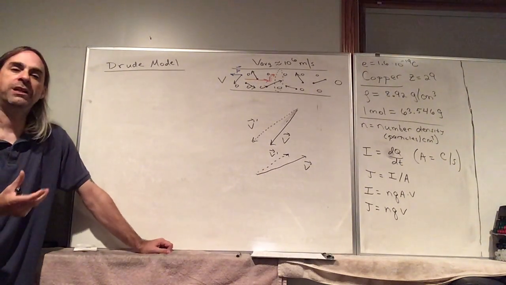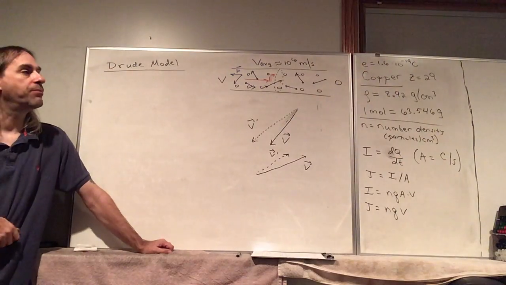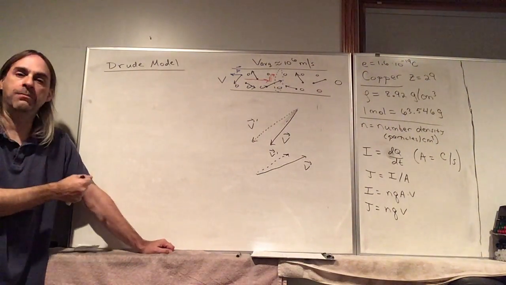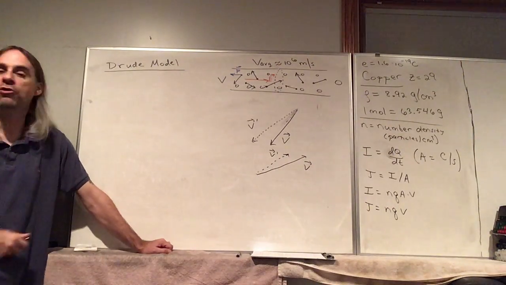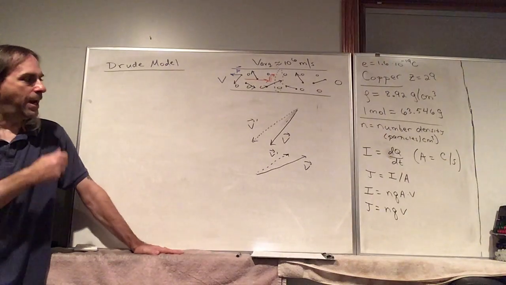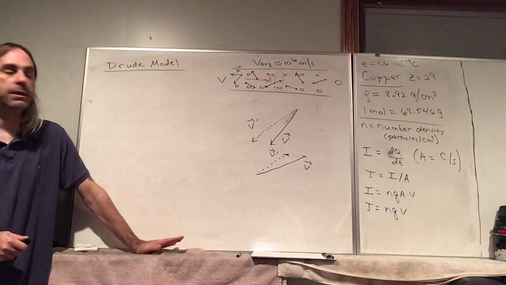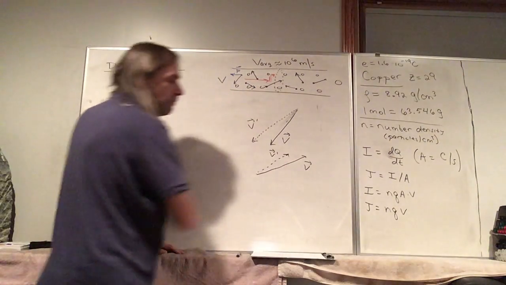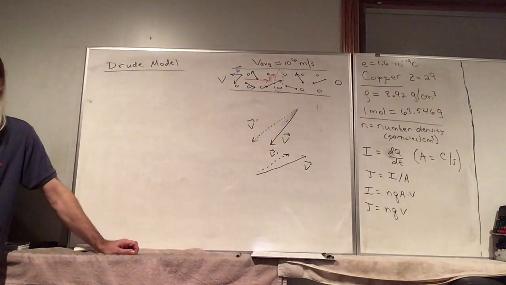And that collision is going to randomize the motion. So again, this is the Drude model. Once it hits an atom, it's going to bounce off with a random velocity in a random direction. Now, one thing we can say about this is that the electric field is doing work on these charges.